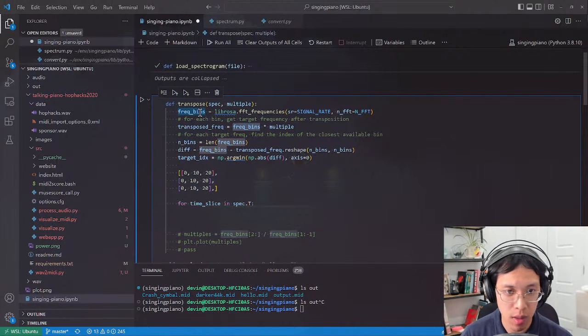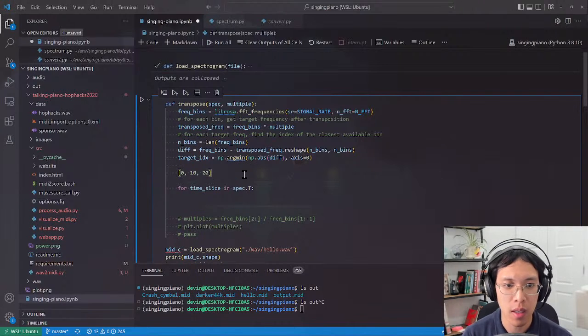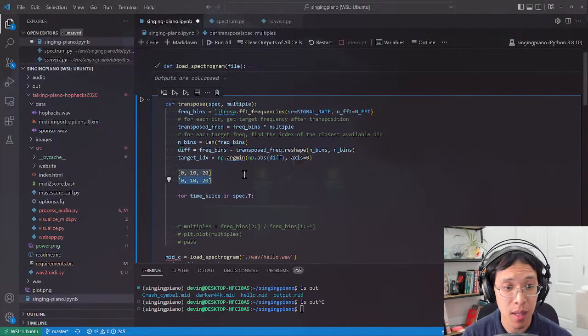We start with these frequency bins in the spectrogram, and our source is, let's say, bins 0, 1, 2, like this. And let's say we want to transpose everything by double. Let's say these are our bins here. I'll erase these again. Our target is, we still have the same bins, but now we want to move all of the energy in this bin into the one that's double that.